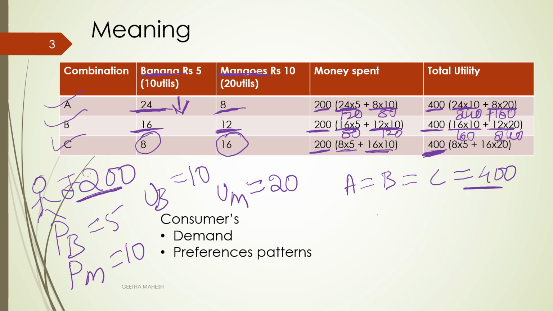So he is indifferent to any of these combinations because each gives him 400 units of utility. So, the indifference curve tries to explain the consumer's demand and preference patterns.